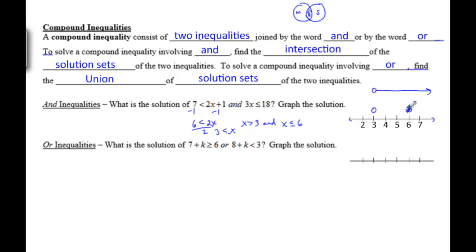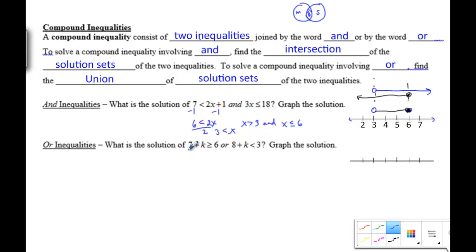If I take the 6, closed circle, and shade everything less than it, what we're looking for is the overlap. Right between the 3 and the 6 is where they overlap. So our answer would be open circle on 3 all the way to closed circle on 6.